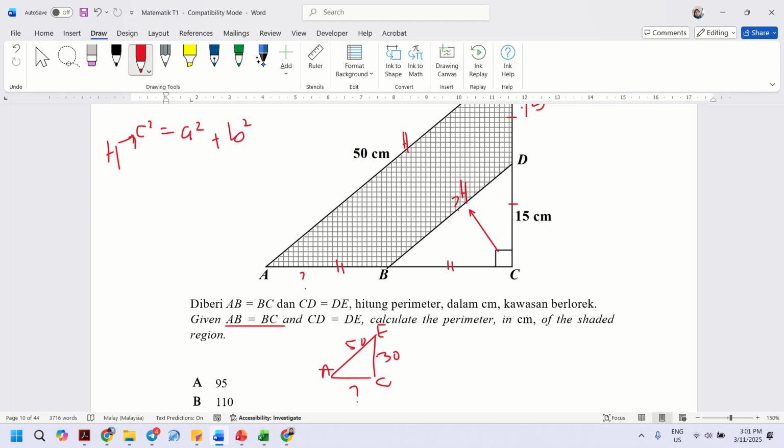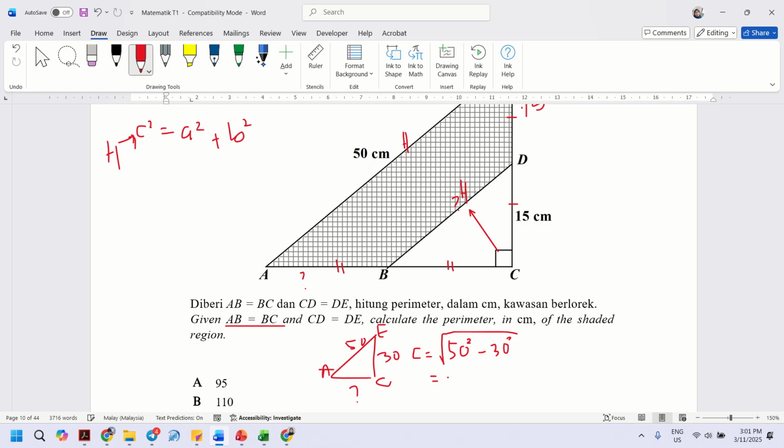So here you have the hypotenuse. When you have the hypotenuse and you want to find the other sides, what you have to do is subtract. 50 squared minus 30 squared, and then the square root of the result.